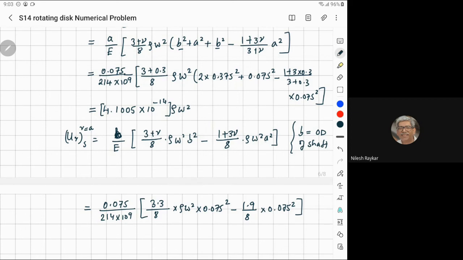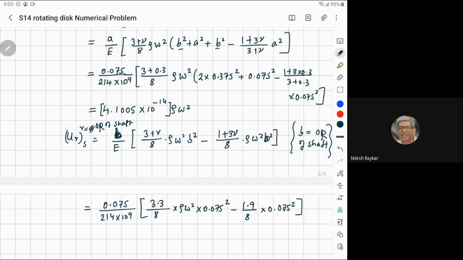I'm considering r equal to the outside radius of the shaft, because the formula is given in terms of the radius of the shaft, and we want to calculate the deformation at the outside radius of the shaft. Sorry, not diameter, outside radius of the shaft. Okay, now notation wise it is okay.